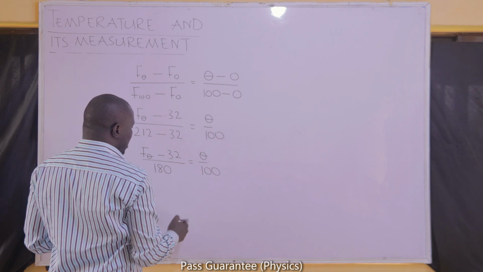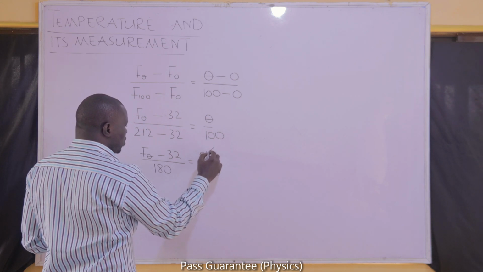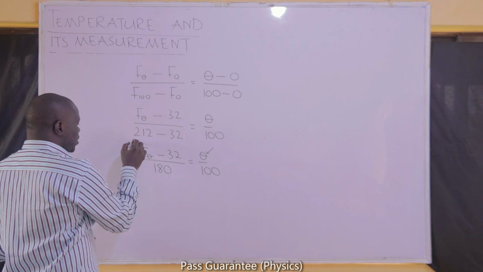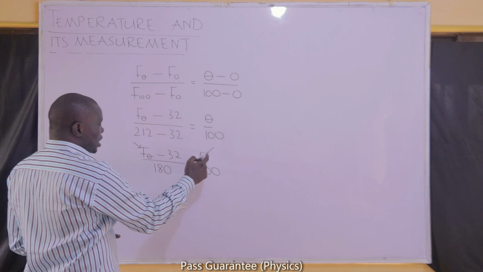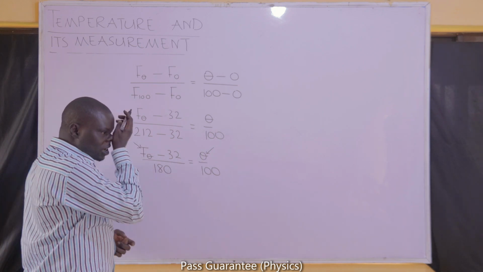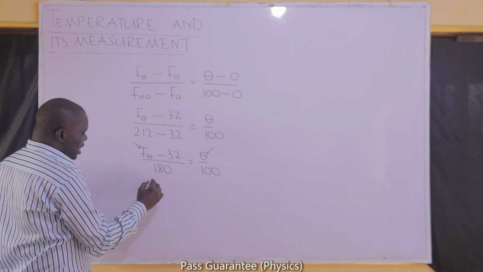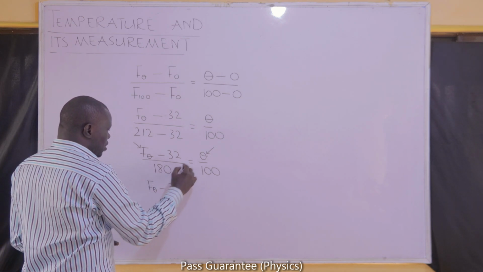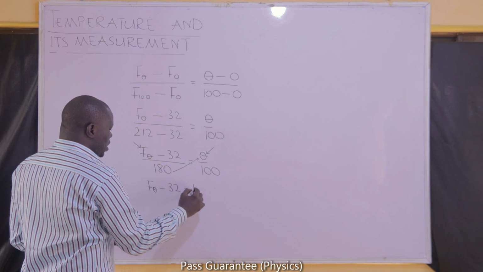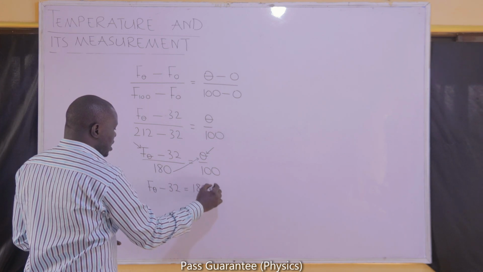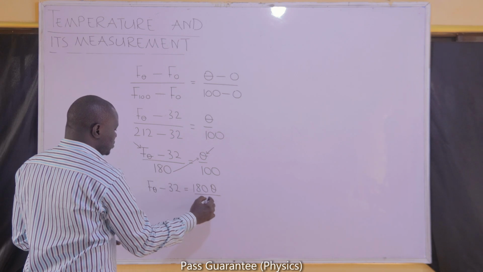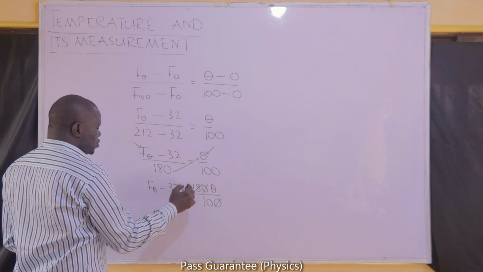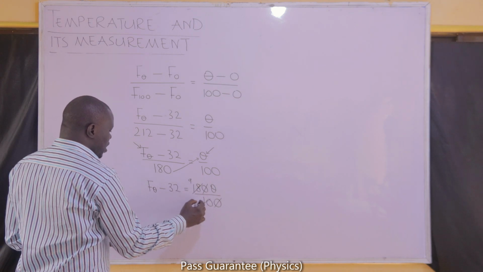You can either stop here. At this point, if you give me a Celsius value, I'll put it here, and I'll get its Fahrenheit equivalent. If you give me a Fahrenheit value, I'll put it here, and I'll get the Celsius equivalent. But we can simplify further. F theta minus 32, if I cross multiply, I will have 180 theta all over 100. The 0 should cancel out 0; 2 here gives 9, 2 here gives 5.